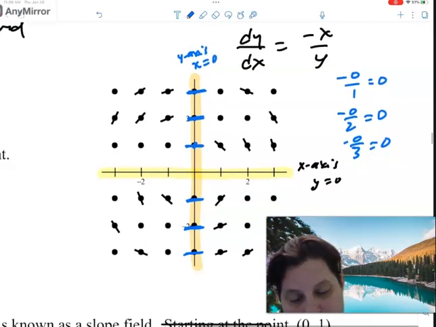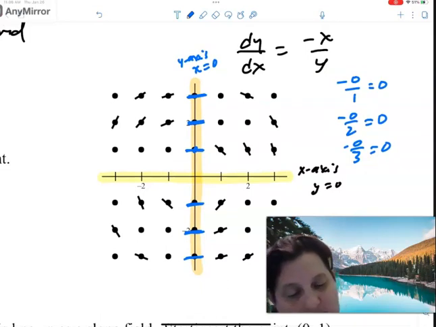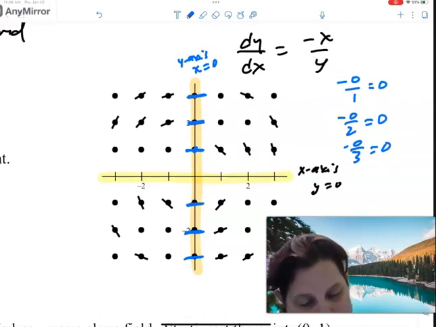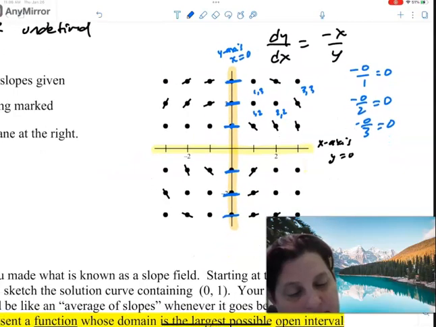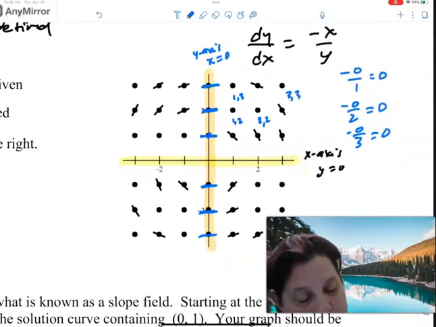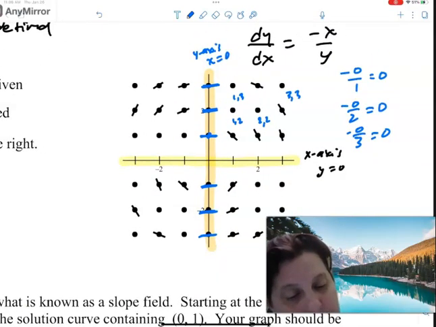Okay, cool. Let's do a couple more slopes here. I'll go one quadrant at a time. These are the points (1, 2), (1, 3), (2, 2), and (3, 3). This just helps me keep track of things better. In quadrant 1, it's negative x over y. So (1, 3) gives negative 1/3, a downward slope, but not too steep.